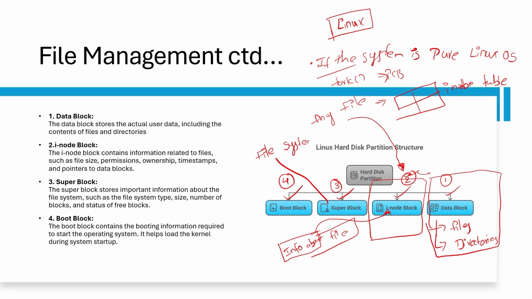We discussed what a file system is: it means rules and regulations. That kind of information is present in the super block.